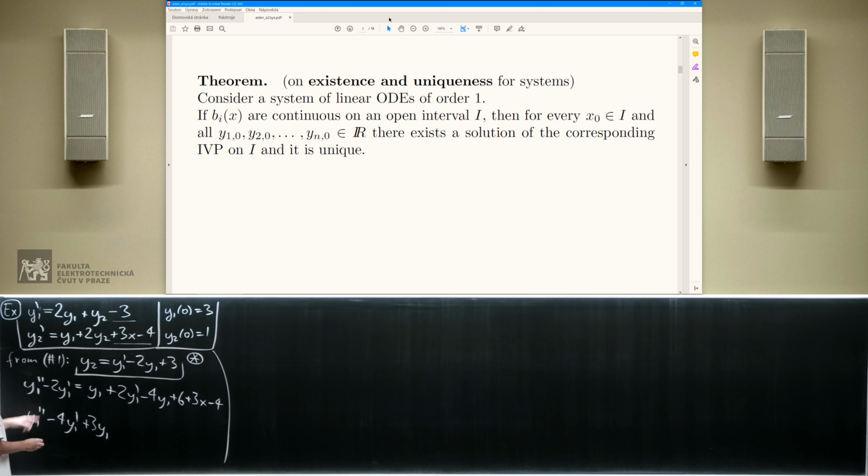Okay, let's be organized. So all the y's are accounted for. Now we go on the right-hand side. 3x plus 2. Hopefully that's it. I have a linear differential equation which should be equivalent to the original system.